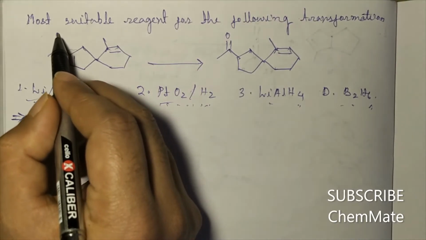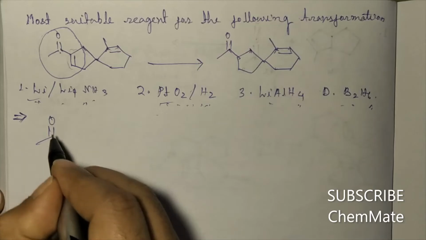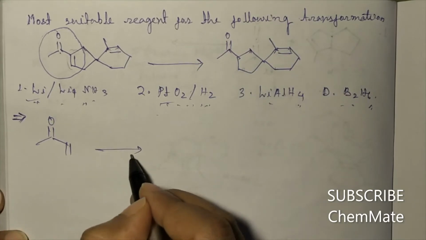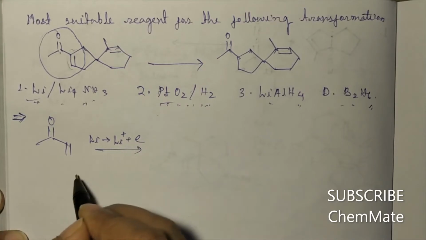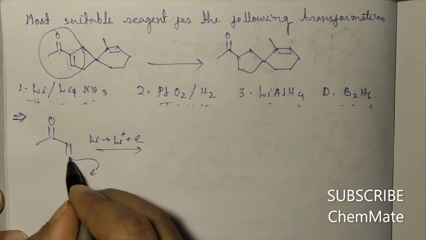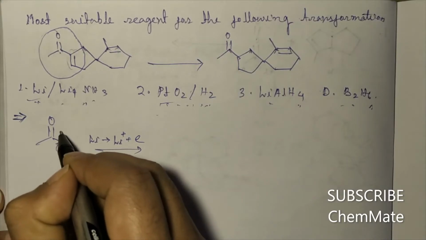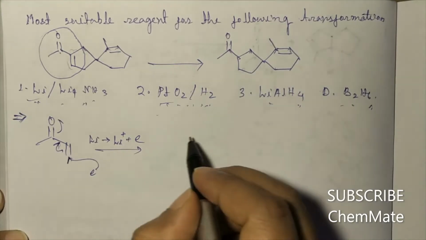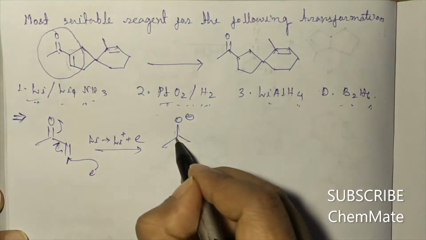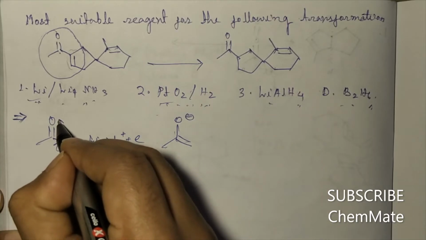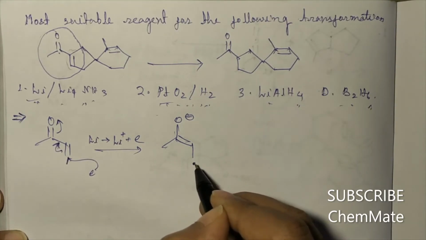We'll draw the mechanism. We'll take this one only. First, lithium will give one electron. The electron will be given here. So it will be minus. Here two electron movement will occur, and here will be one electron.